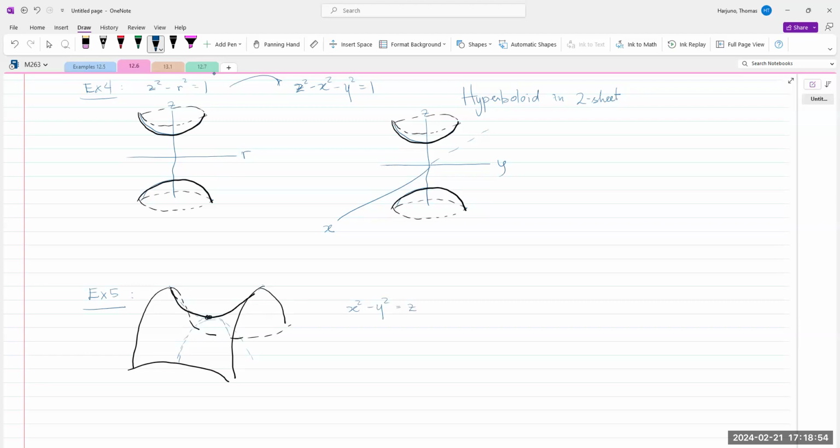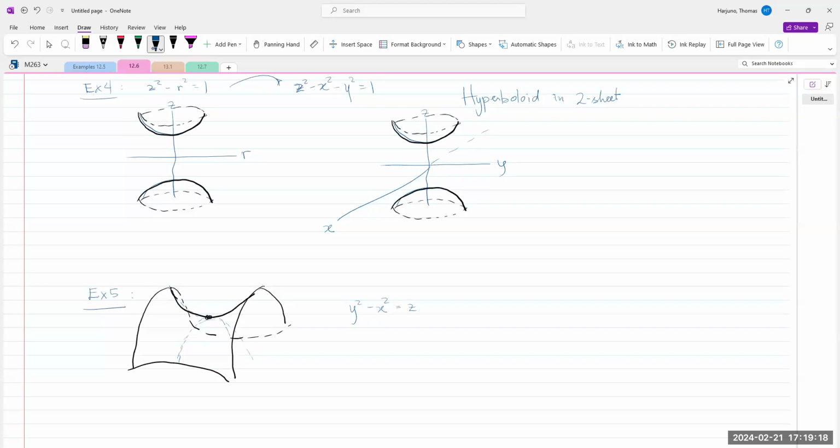Let me make sure. No, I think this one is y squared minus x squared equals z.